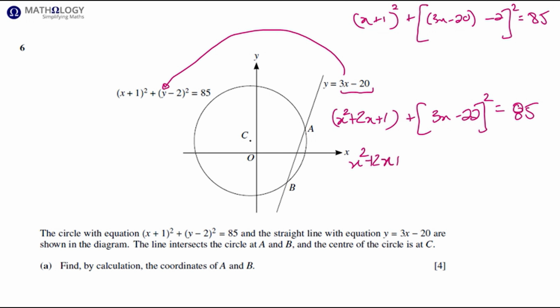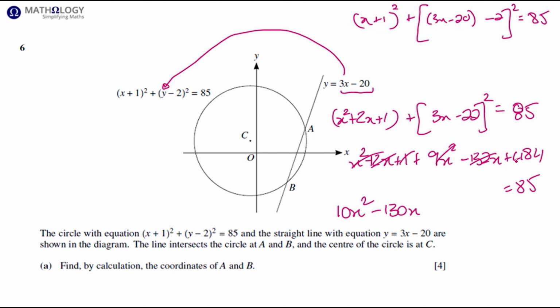Expand this out: x squared plus 2x plus 1 plus 9x squared minus 66x minus 66x is minus 132x plus 22 squared, 484, equals 85. That'll give us 10x squared, 2 minus 132 is minus 130x.